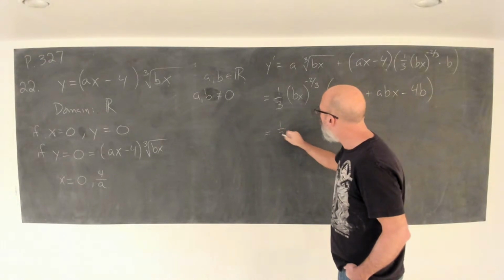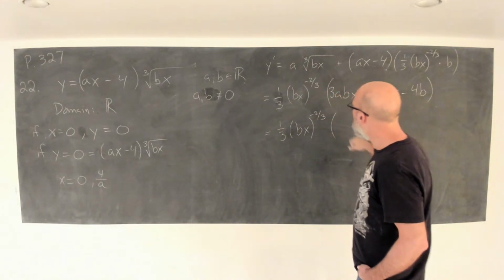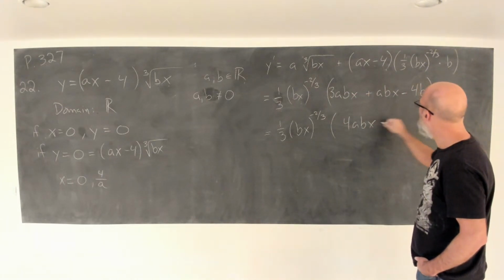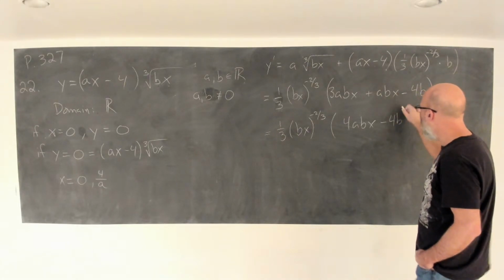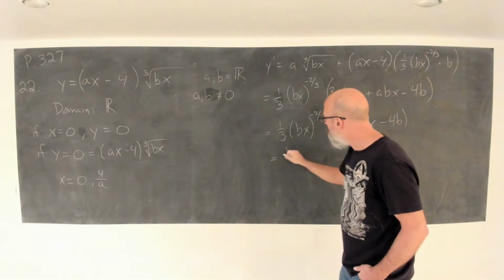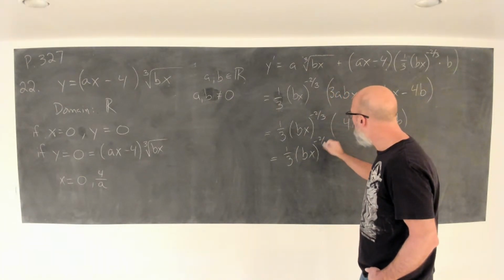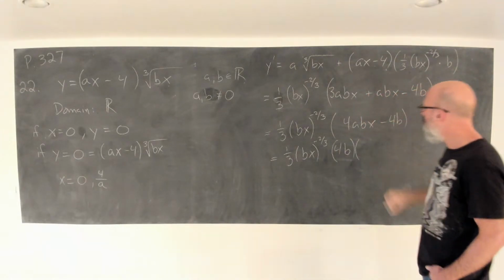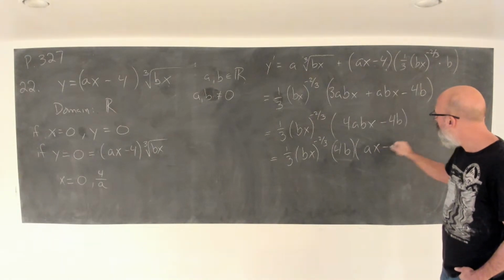Or, if you prefer, Bx to the negative 2/3 times 4ABx minus 4B. Fine. Then we take an extra step and factor out a 4B, leaving us with Ax minus 1.